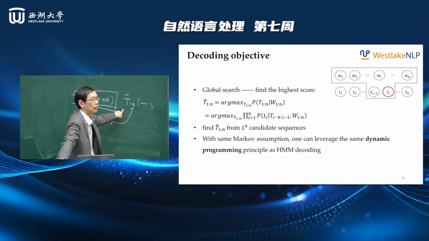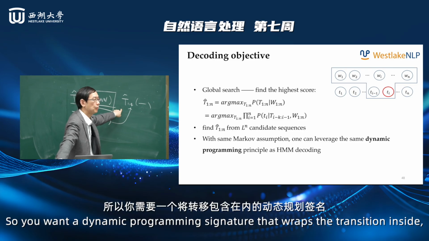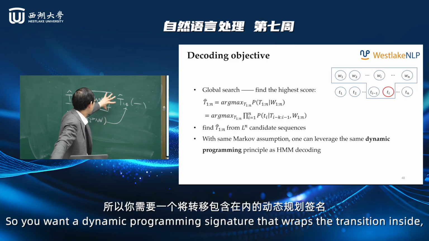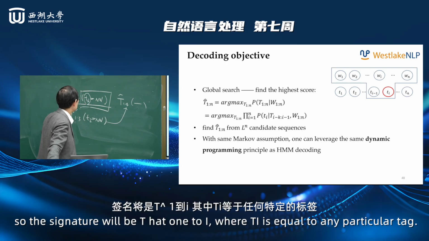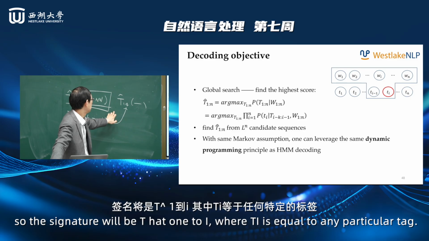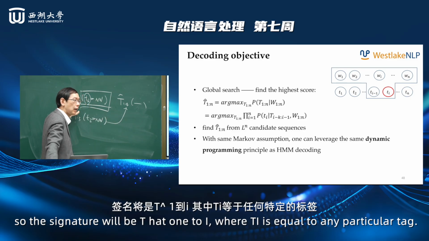So you want a dynamic programming signature that wraps the transition inside. The signature will be t hat 1 to i, where ti is equal to any particular tag.